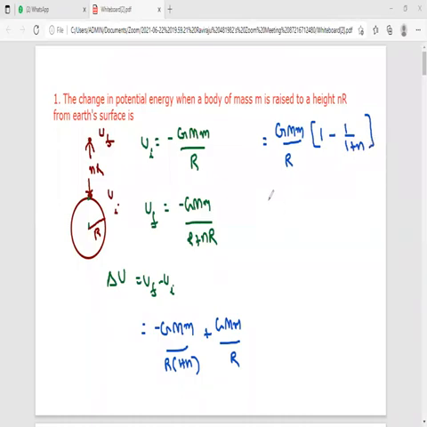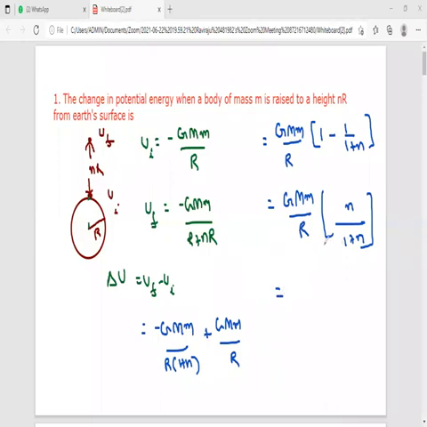So this will be equal to GMm by R into, by taking LCM, 1 plus n minus 1, that is n only. And finally the answer is GMm by R into n by n plus 1.